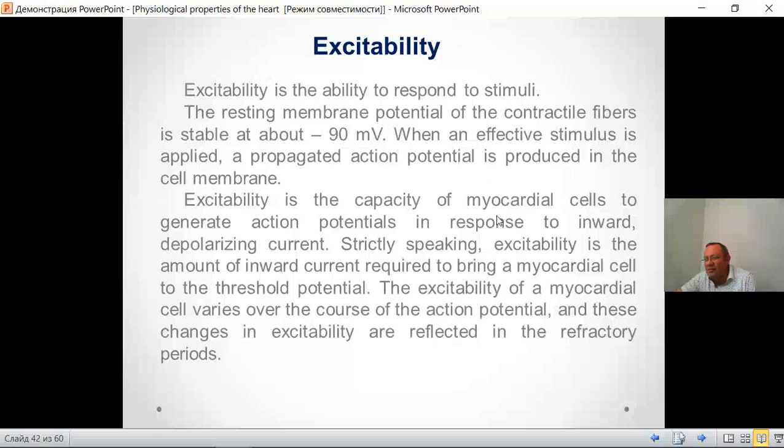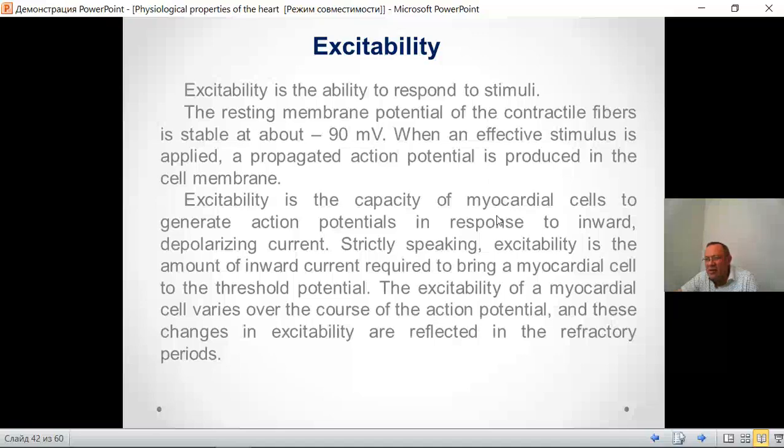Excitability is the capacity of myocardial cells to generate an action potential in response to an inward depolarizing current.